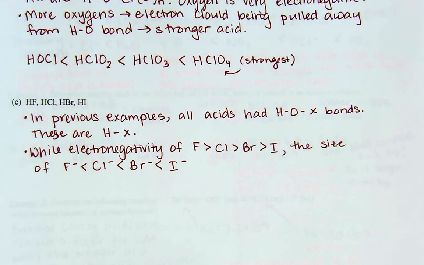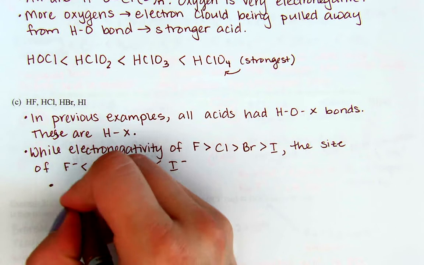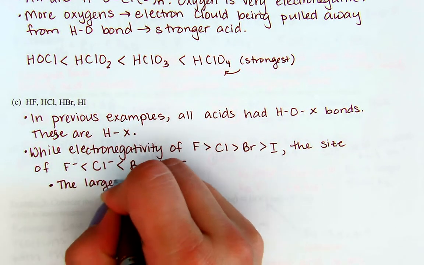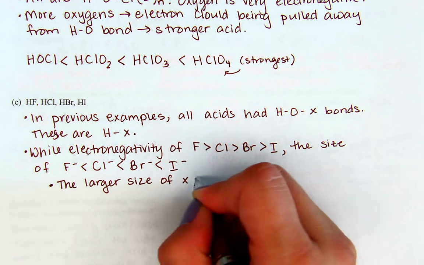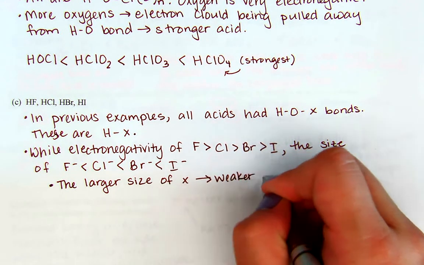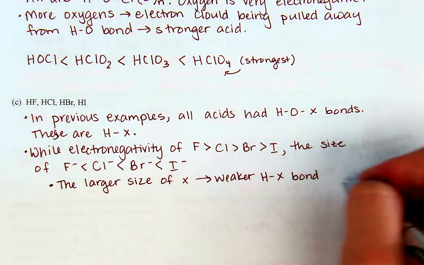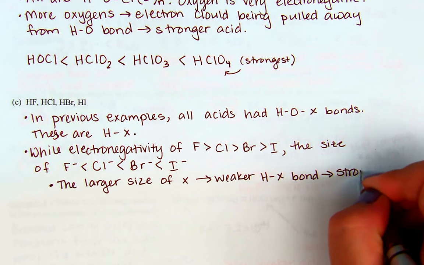And those are all the negative ions that are associated with the hydrogens in these acids. The larger the size of X, we said that leads to a weaker HX bond, which, a weaker bond with the hydrogen, leads to a stronger acid.